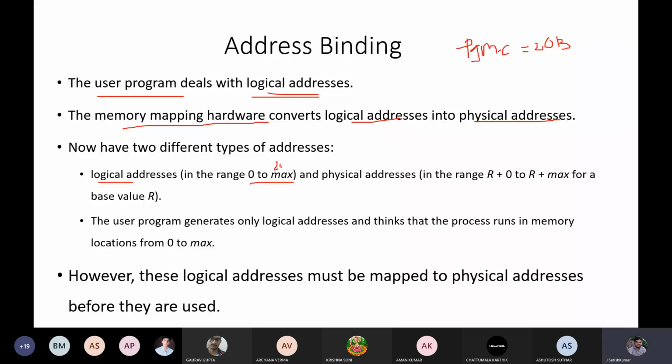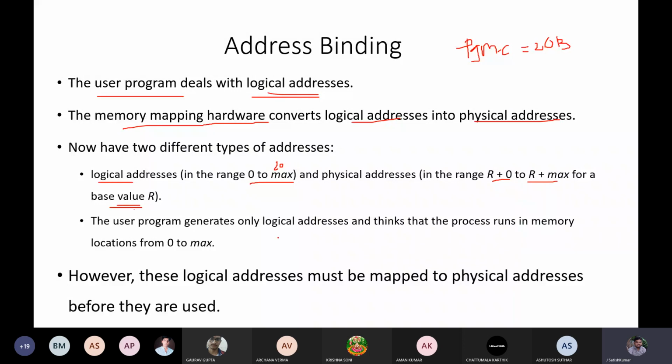So this program will take a maximum of 20 kilobytes of memory. That's how we will see logical addresses. It will be in the range of 0 to max. But for physical addresses, we need a base value, some base value, from which memory location the physical memory is available. From that memory location, r plus 0 to r plus max is the physical address range.